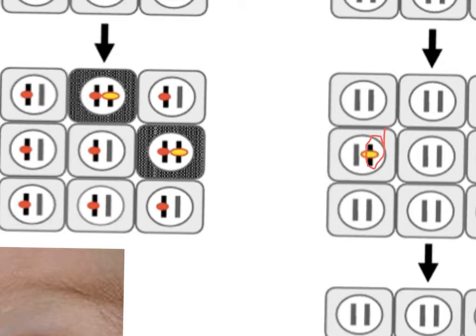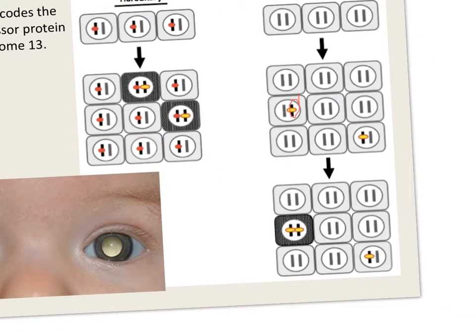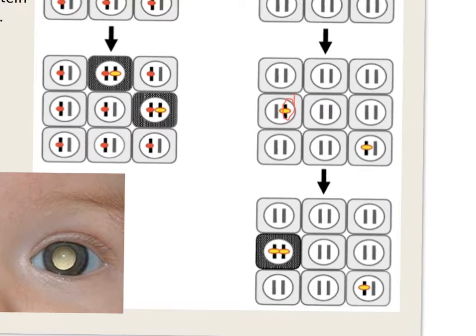Okay, so that's one mutation. It's not going to cause retinoblastoma. But then there's the possibility that a second mutation will occur in the other chromosome. Remember homologous chromosomes. And so you can actually end up with what's called sporadic non-hereditary retinoblastoma. Retinoblastomas create a tumor in the eye.